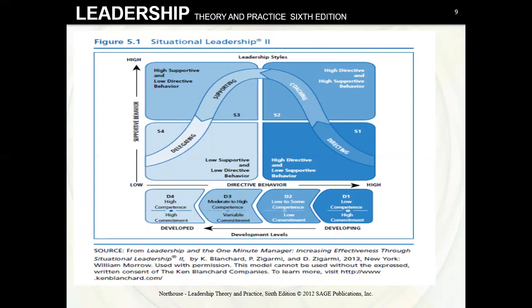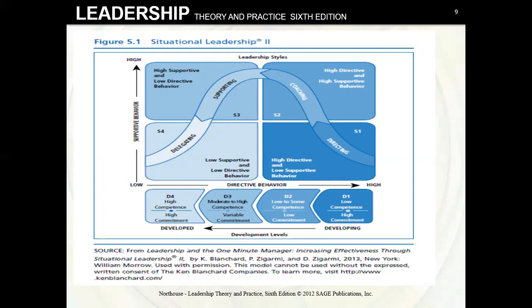The model describes how each of the 4 leadership styles applies to followers who work at different levels of development. From D1, which is low in competence and high in commitment, to D2, which is low to some competence and low in commitment, to D3, which is moderately competent but lacking commitment, to D4, which is a great deal of competence and a high degree of commitment.